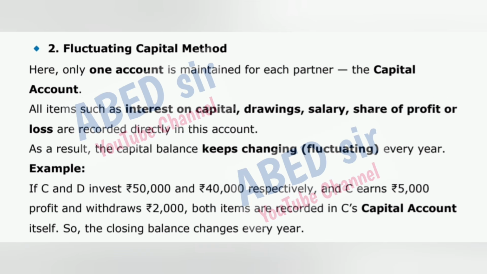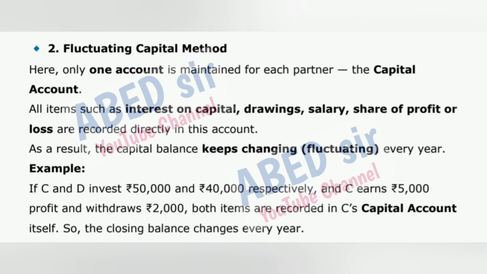2. Fluctuating capital method. Here, only one account is maintained for each partner, the capital account. All items such as interest on capital, drawings, salary, share of profit or loss are recorded directly in this account. As a result, the capital balance keeps changing, fluctuating every year.